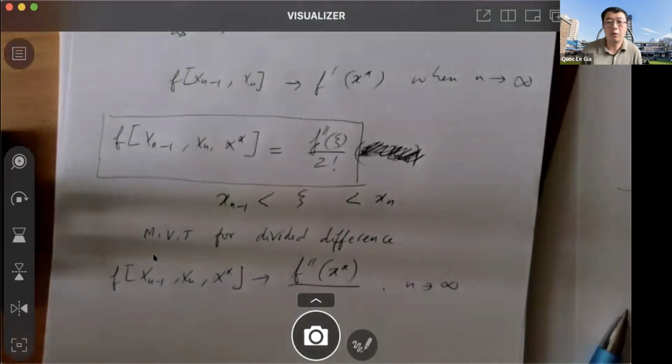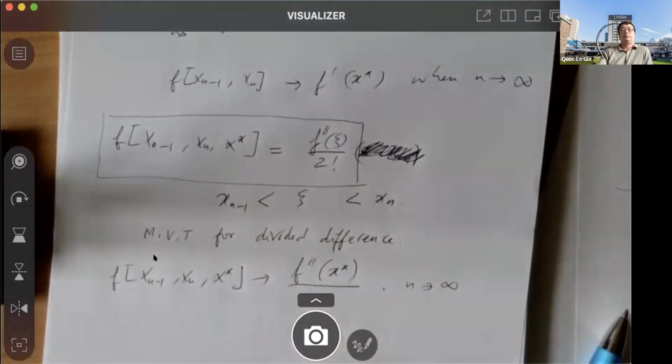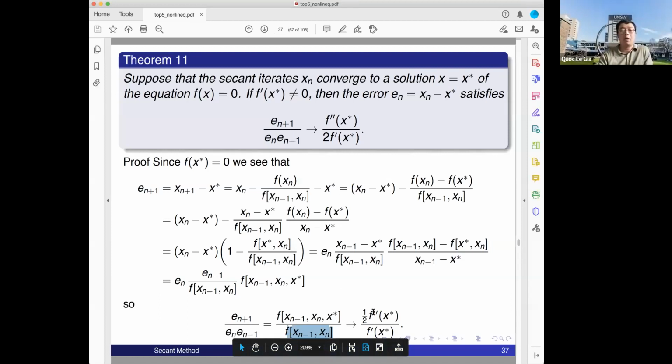So that is how I got the claim at the end. Then you just got the limit. It's just 1/2 of f double prime over f prime.